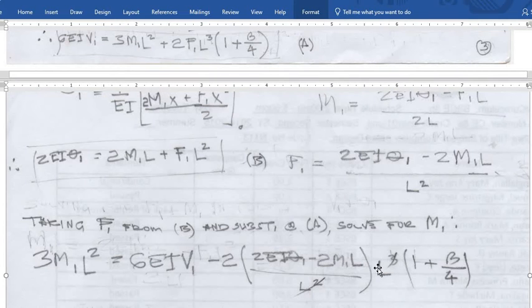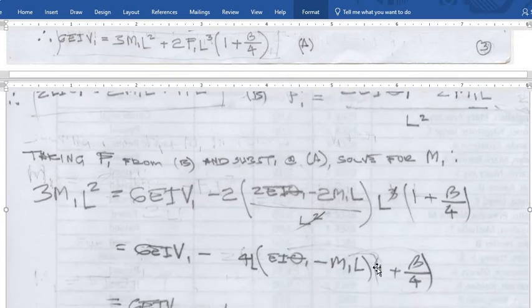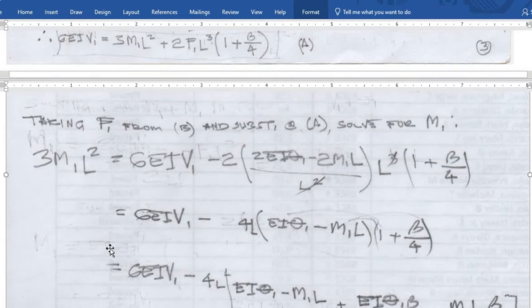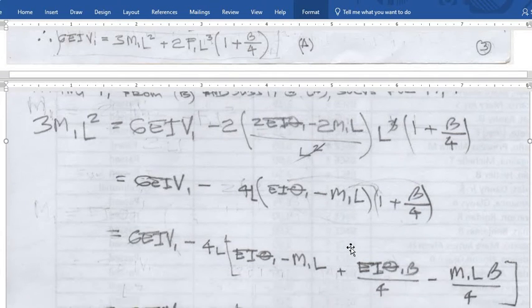So, matitira na lang dito yung l. Which boils down to 6ei v sub 1 minus 4l times the quantity ei theta 1 minus m1l times the quantity 1 plus beta over 4. And then, look at this equation. So, ei theta 1 times 1 equals this.